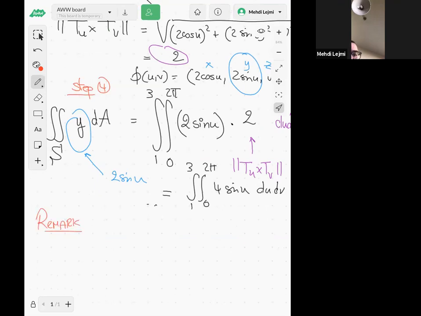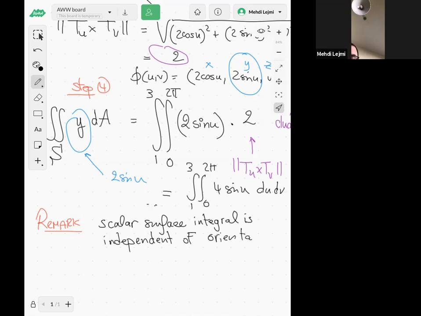Just a remark to say that the scalar surface integral is independent of the orientation. Now, the second part of the question.